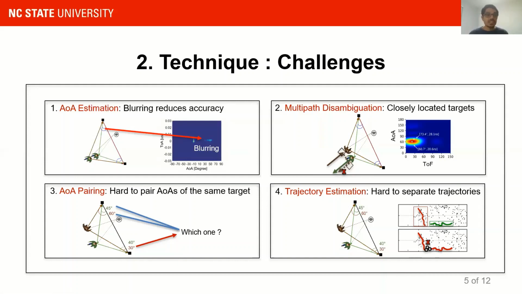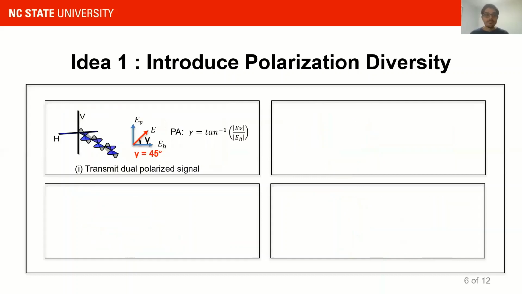So in order to overcome these challenges, we propose two ideas. The first idea solves the first three challenges, and the second idea solves the last one. Let us now briefly examine the two ideas. Our first idea is to introduce polarization diversity in the Wi-Fi channel. Existing approaches use a vertically polarized antenna, but we propose to use dual polarized signals.